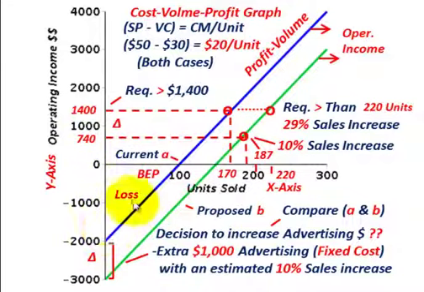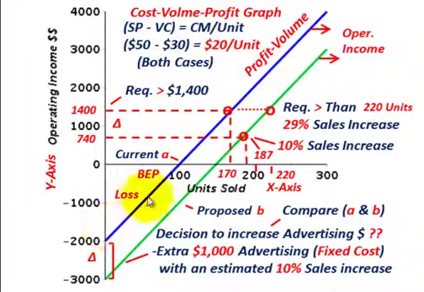We're actually operating at a loss until we hit a certain break-even point on those units sold where our operating income is zero. So we start out at a negative amount, that's our fixed cost, and we move up to zero operating income after we hit that break-even point, and anything after that would be a positive operating income.